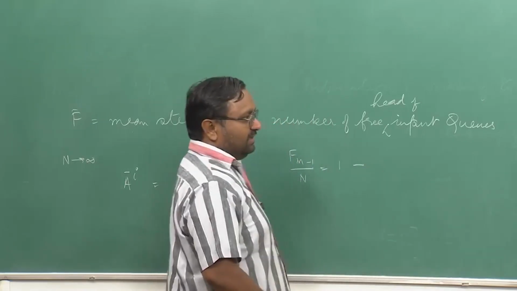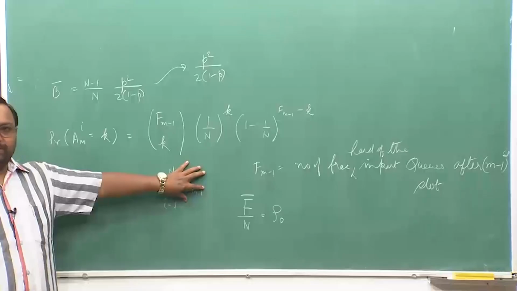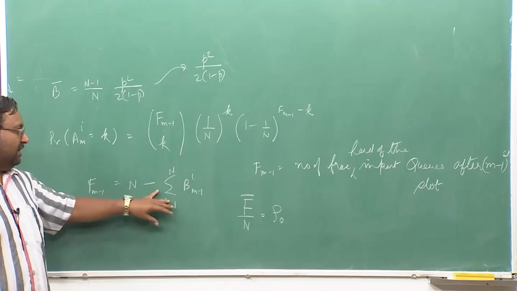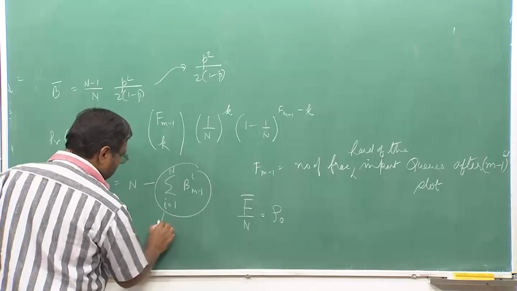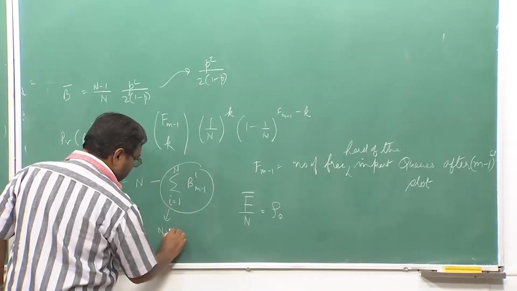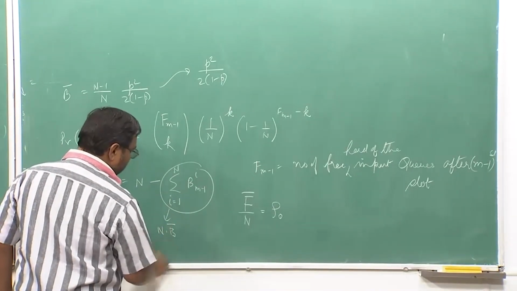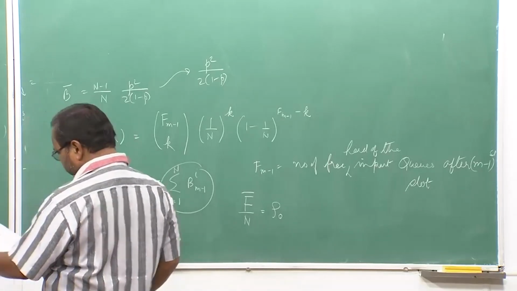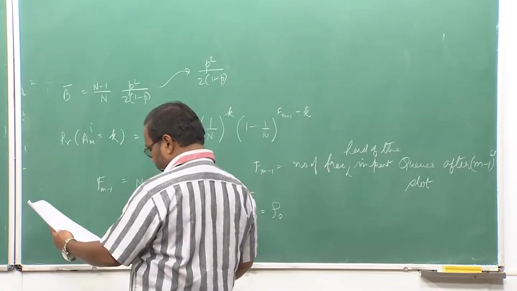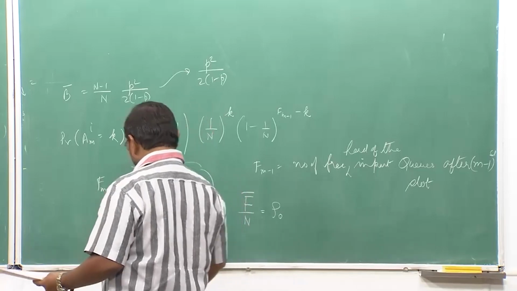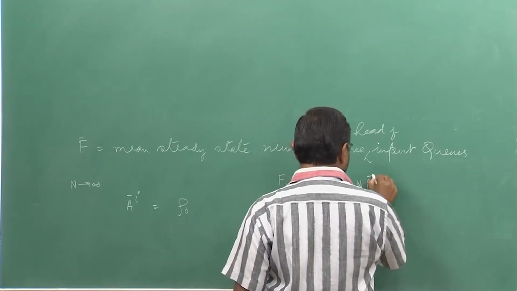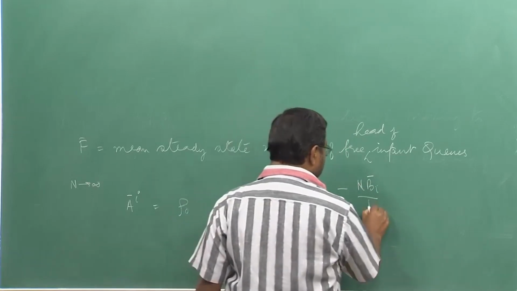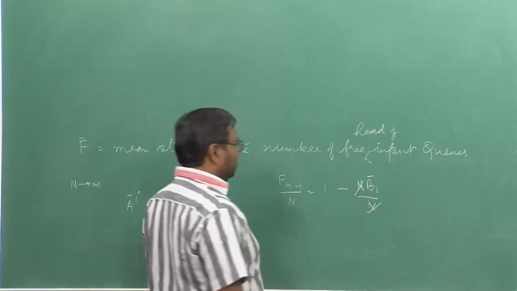If I know the steady state average of this, multiplied by n, it should be equal to this summation. So this should be n into B bar. So n into B i bar. So I can write this as n into B i bar by n. So this is what it will be.